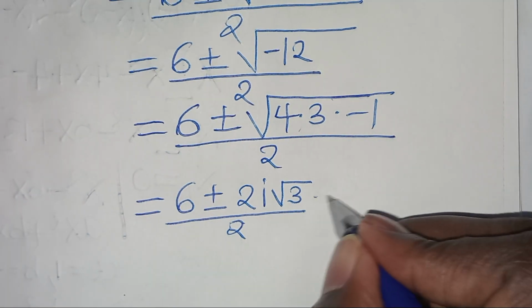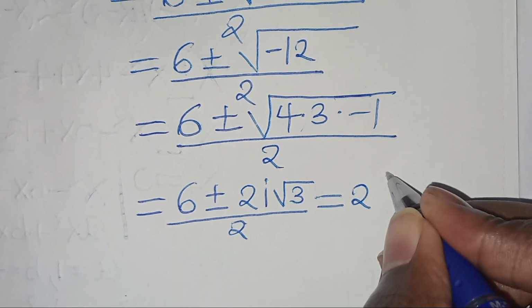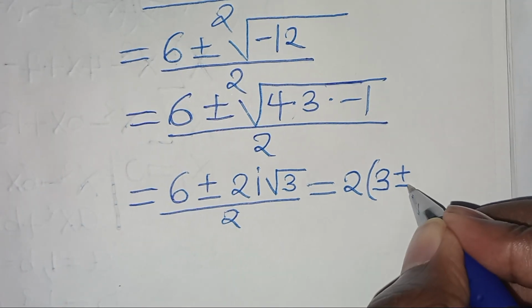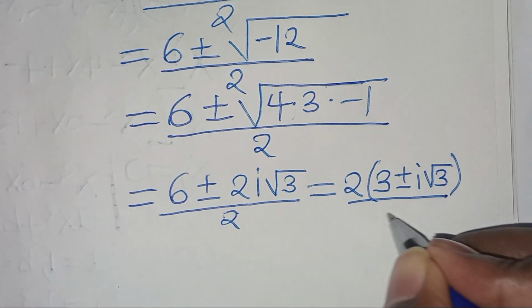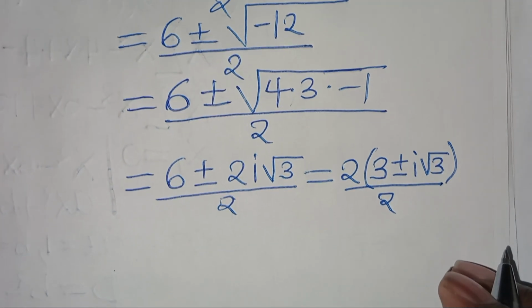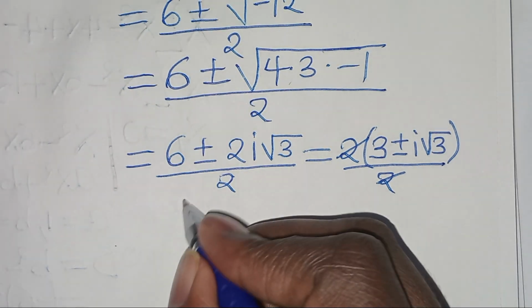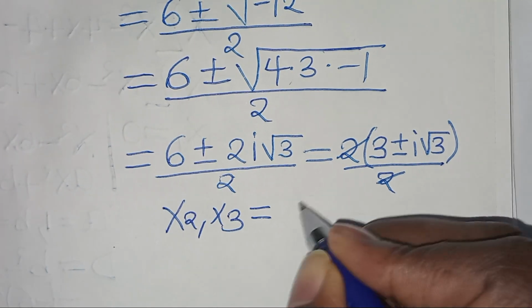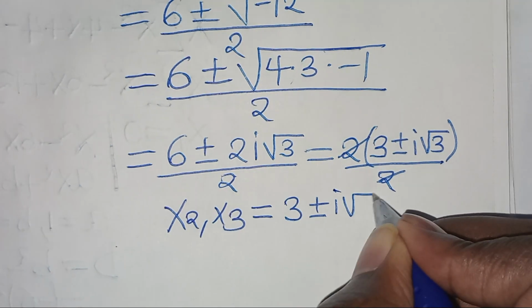The next step from here, we can factor out 2, so that we have 2 into the parentheses, 3 plus or minus i square root of 3, everything here divided by 2. So let's simplify here so that now x2, x3 is the same thing as 3 plus or minus i square root of 3.